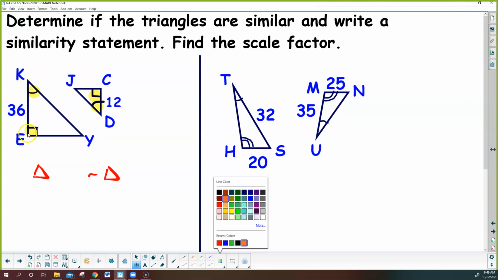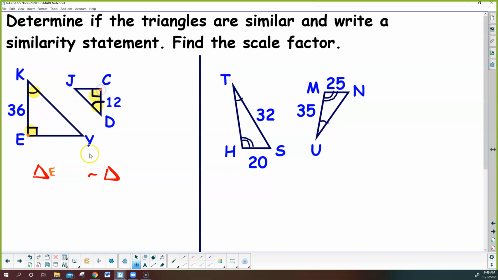I can use colors. So what if I start at the 90-degree angle and I say angle E? Well, angle E has to match up with the other right angle, that's C. And then if I go from E to K, that's the other angle we know.